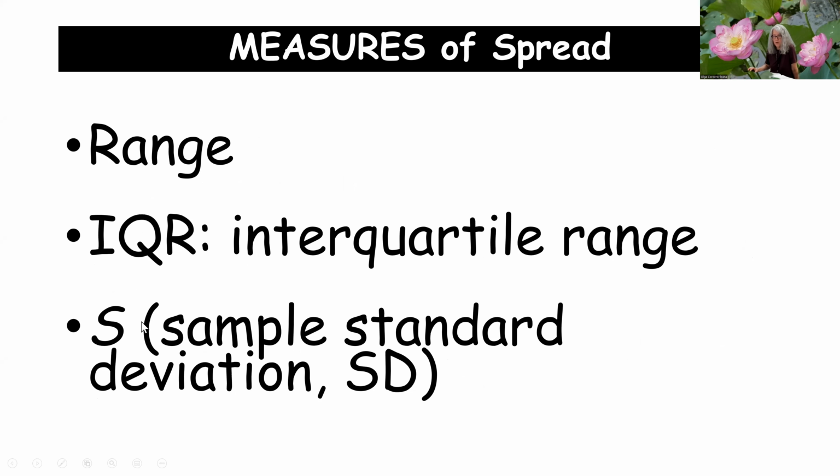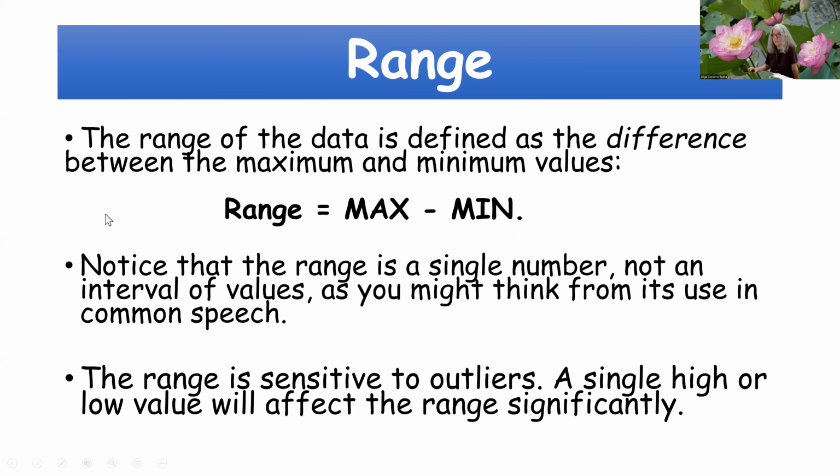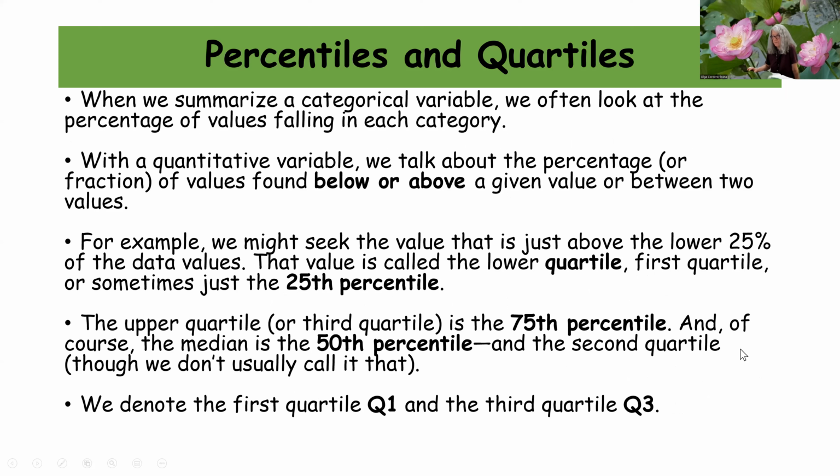This is the most popular. And besides this, the sample standard deviation. The range is the max minus the min. The range is not that useful. The range is sensitive to outliers, because if this is the outlier, of course, it's going to show bigger percentiles and quartiles.